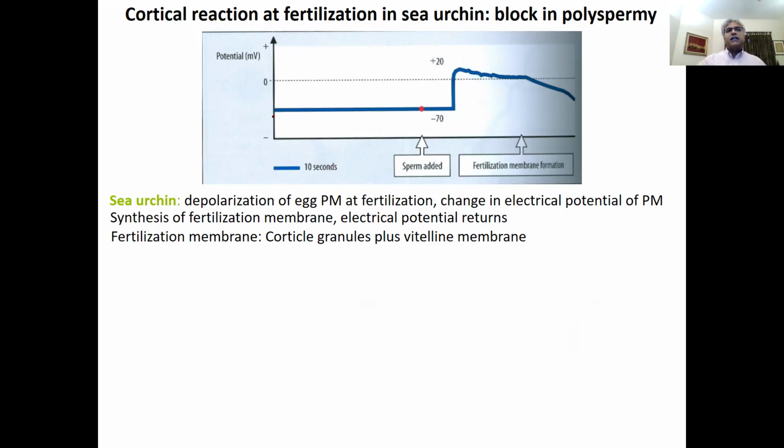Here you can see the potential measured in millivolts. So there's no change in an unfertilized egg. As soon as the sperm is added and the process of fertilization initiates, due to membrane depolarization, the potential of membrane changes, and it goes from nearly minus 15 to plus 15 to plus 20.